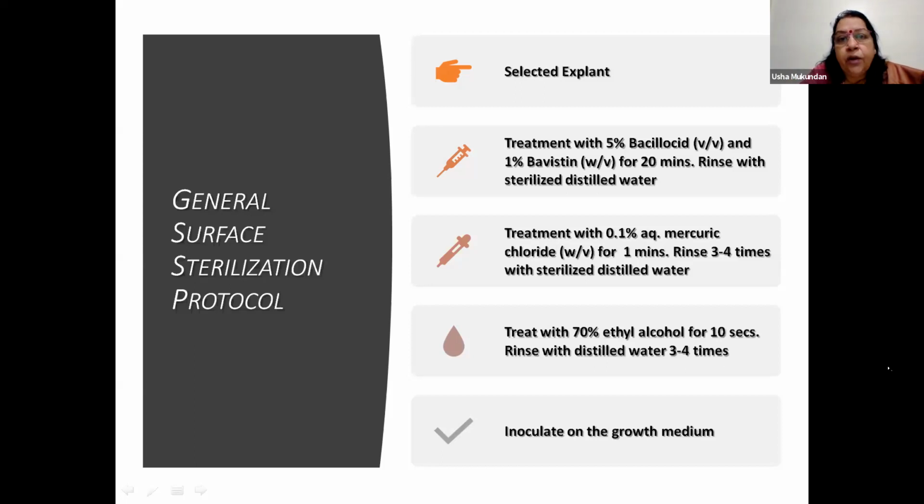If I have started with seed material, then I use sodium hypochlorite. When I use sodium hypochlorite and add phosphate buffer of pH 6.5, then what happens? Chlorine is liberated, and that chlorine is a disinfecting agent.